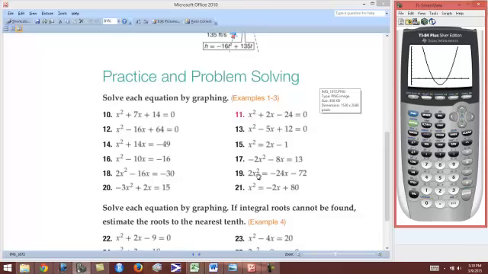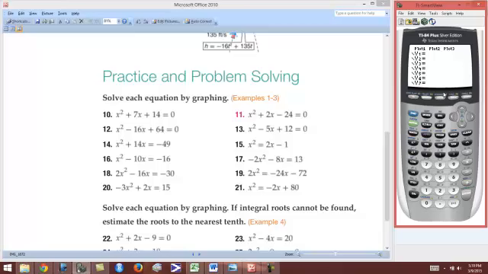All right, let's do 19. I'm going to clear this. I want to check 18. Hold on a second. 18. So 18, right.